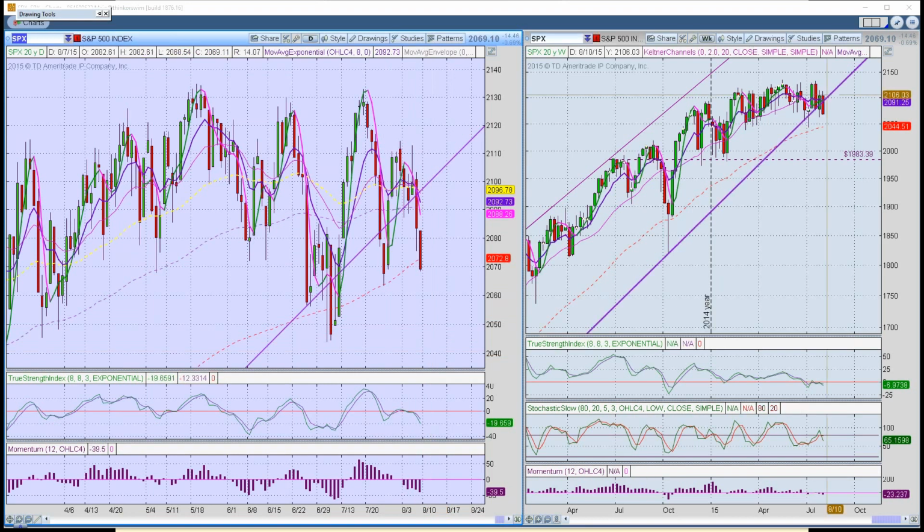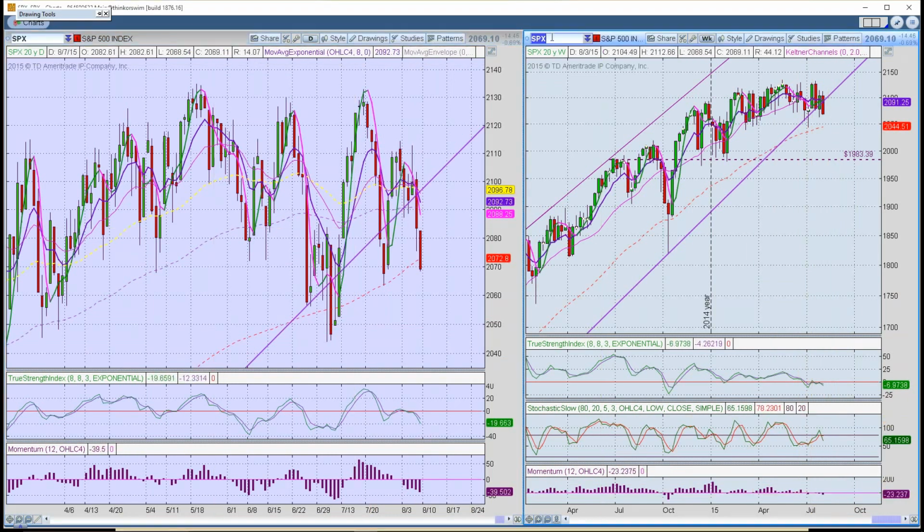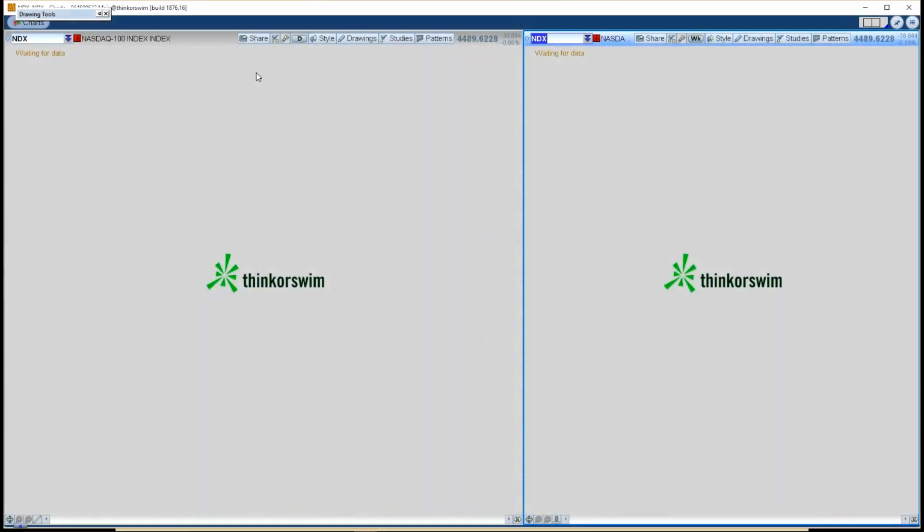As you can see on a weekly chart, it is looking weak. We've got weakness in the true strength indicator, weakness in stochastic, and weakness in the momentum also. Let's see what the NASDAQ's doing with us, or for us, or to us.